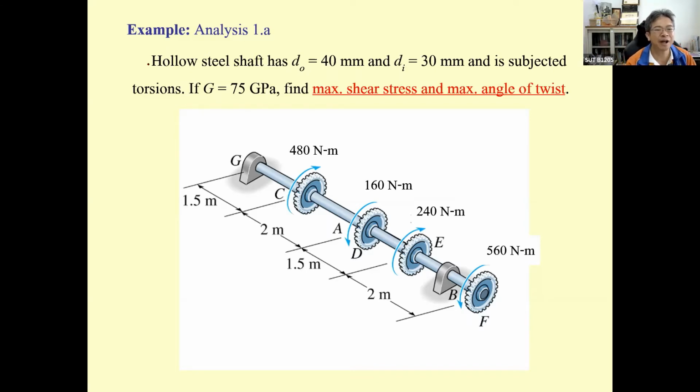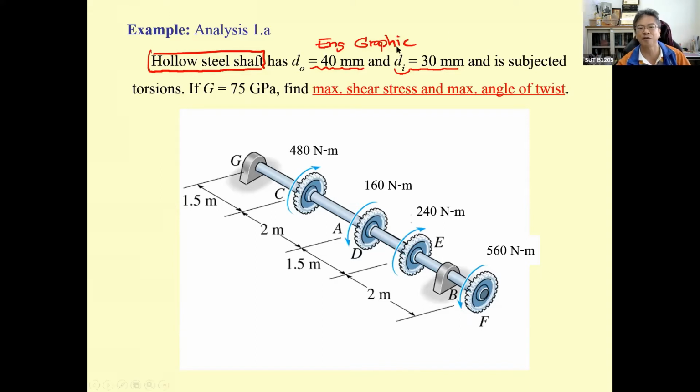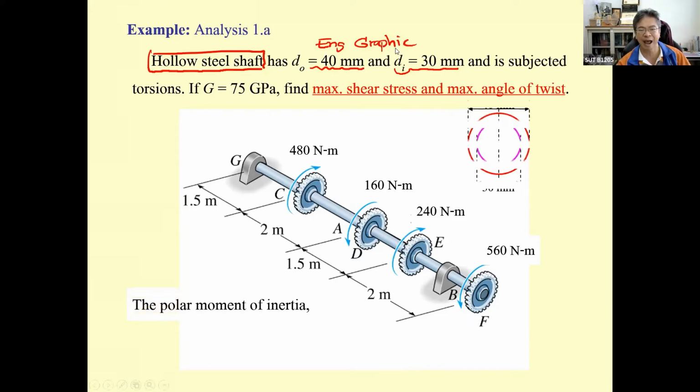Let us have the hollow steel shaft. This hollow steel shaft has an outer diameter of 40 millimeters and an inner diameter of 30 millimeters. So you are going to use the knowledge of engineering graphics, and you can draw the section of this shaft to be this figure.